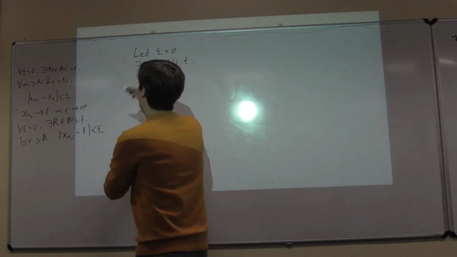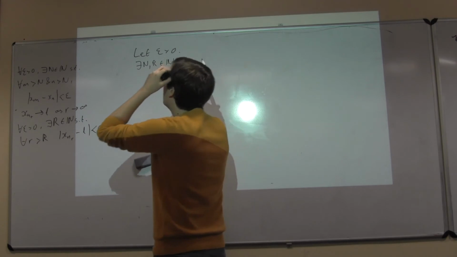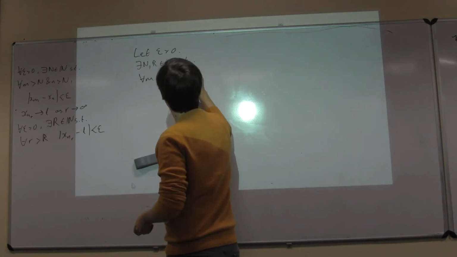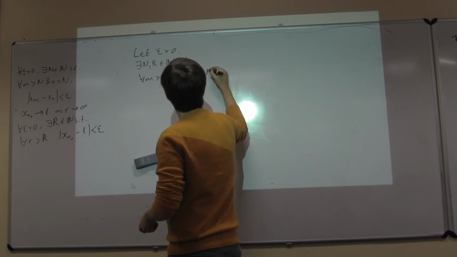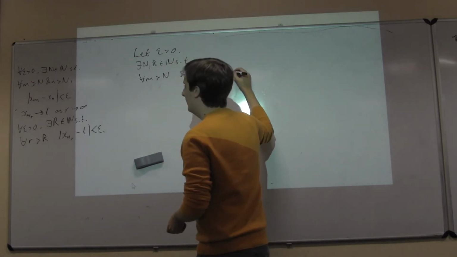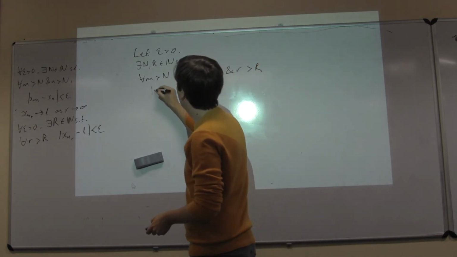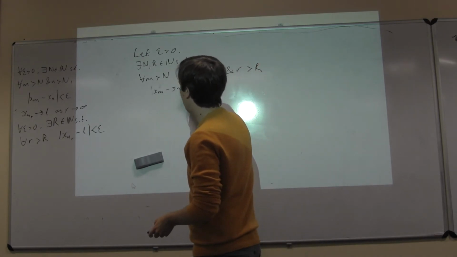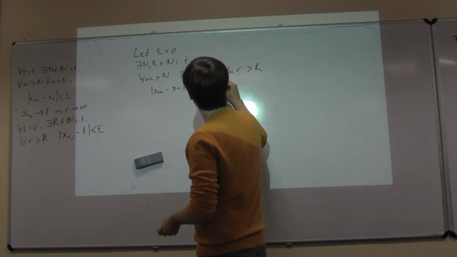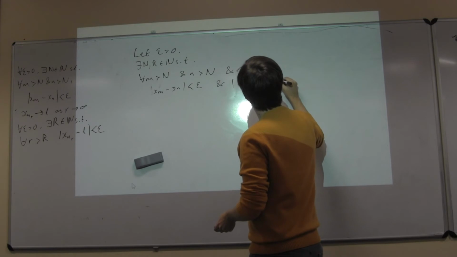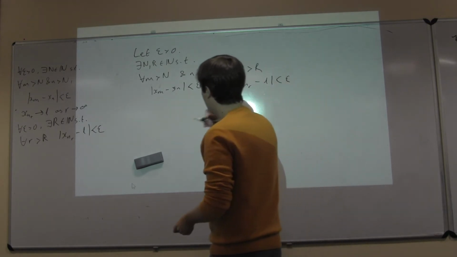So for all m bigger than N and n bigger than N, and r bigger than R, xm minus xn is less than epsilon, and x sub n_r minus L is less than epsilon.